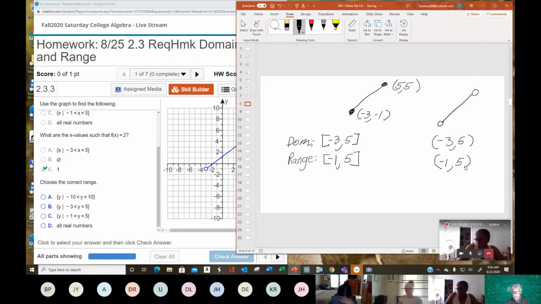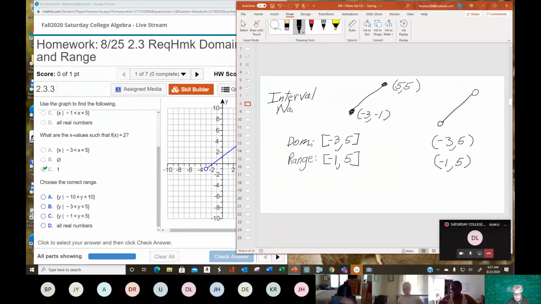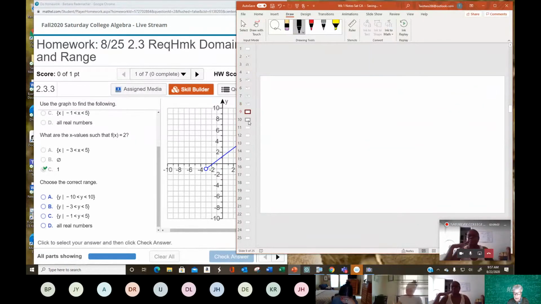And that's if you're using interval notation. Now I'm going to go to another slide. I made myself a whole lot of slides here, so I wouldn't have to stop and make a new one.